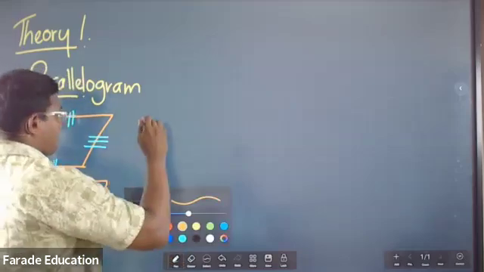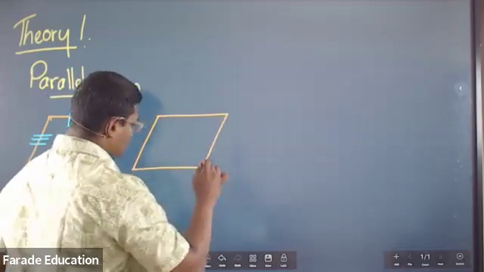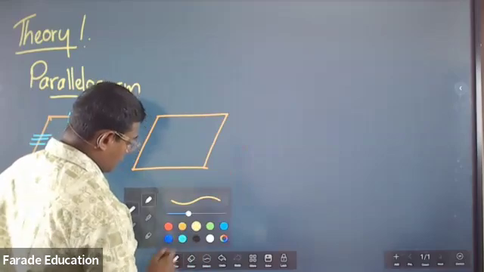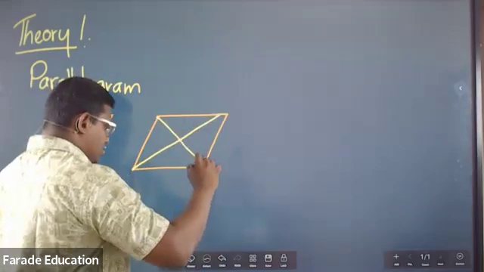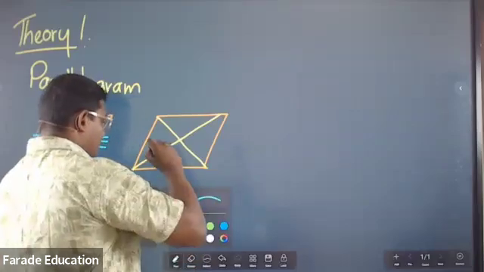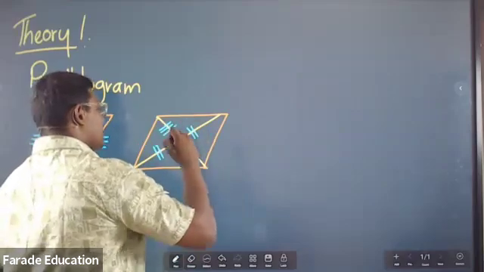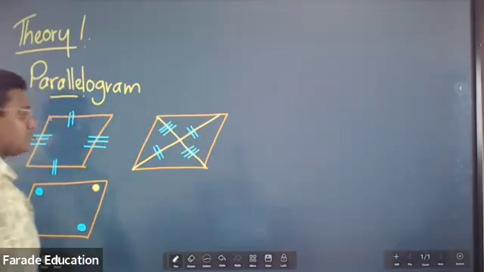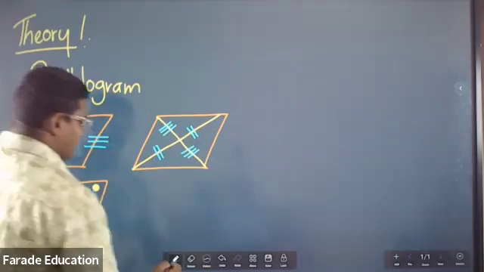The third one: the diagonals bisect each other. That means one diagonal bisects the other diagonal equally. This side is equal to this and this is equal to this. First one, the opposite sides are equal. The second one, opposite angles are equal. The third one, diagonals bisect each other.